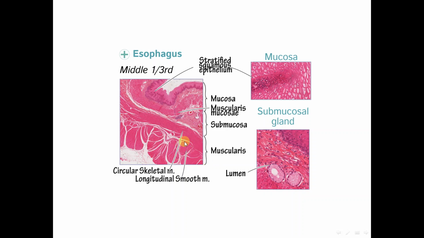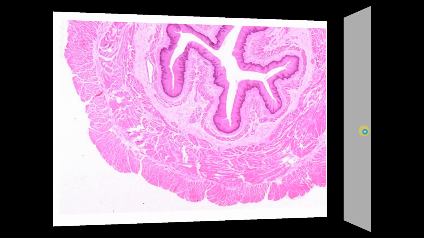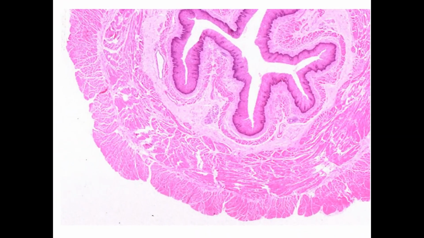And all slides of the esophagus show the muscularis externa with the skeletal muscle and the smooth muscle. This slide for the histology.